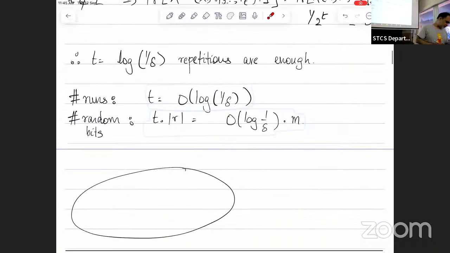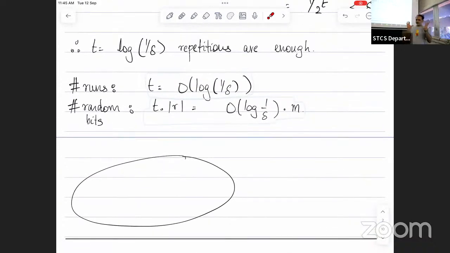All right. It's good to have the following pictorial thing in mind. Let's say this is the picture of all random strings, all candidate R's. Let's fix an input X. Of course, if X is in L, then the algorithm is not making any mistakes, so there's no problem.